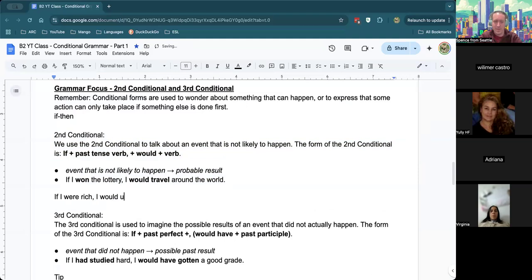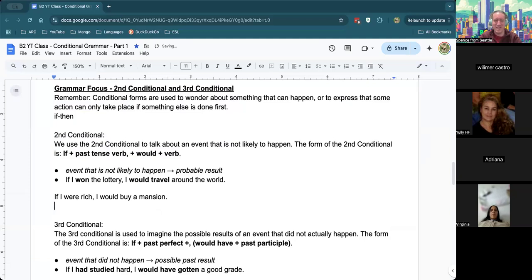I would buy a mansion. What would you use a boat for? And the classic example is if I won the lottery, I would travel around the world. That's the classic example, where we use past tense and would to express the idea.